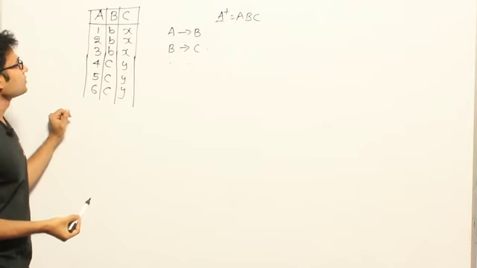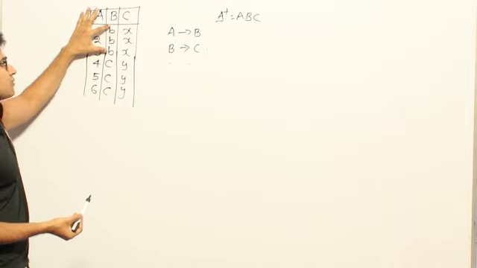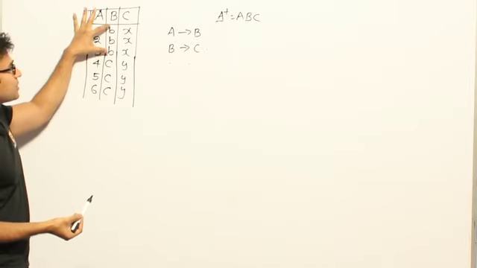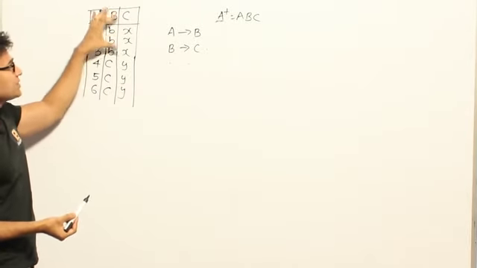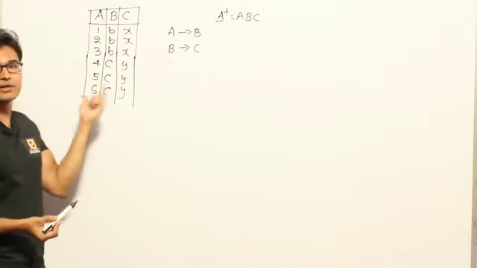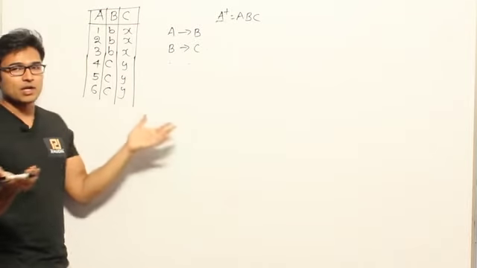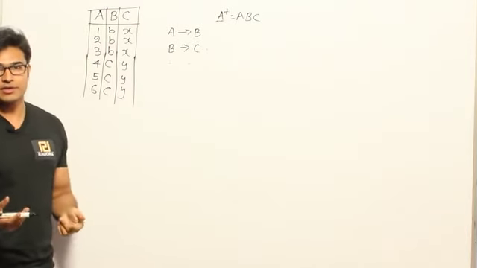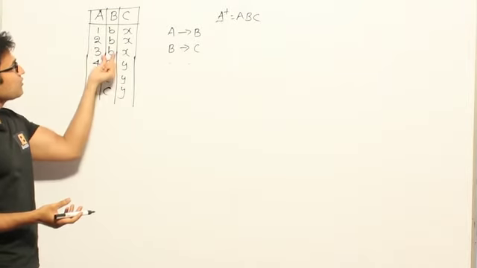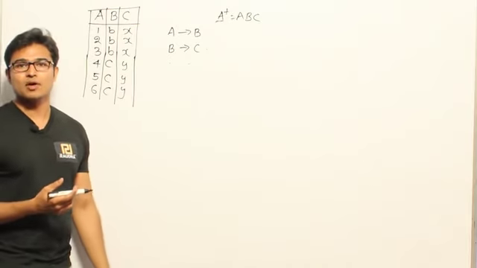Now if you observe this entire thing, let us say B is repeated 1000 times, then C will also be repeated 1000 times. Since this is a small table, you might not feel that the redundancy is too much, but if you try to have a table which is having millions of entries, then for all the repeated values of B, C will also be repeated. So what could have been a better way of writing it?